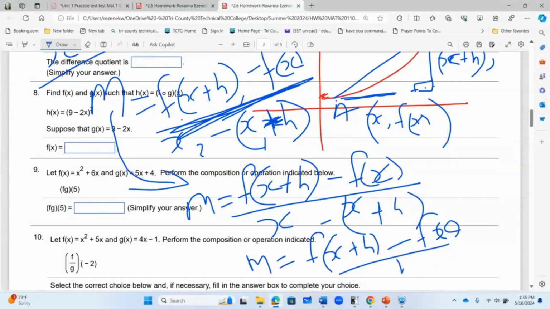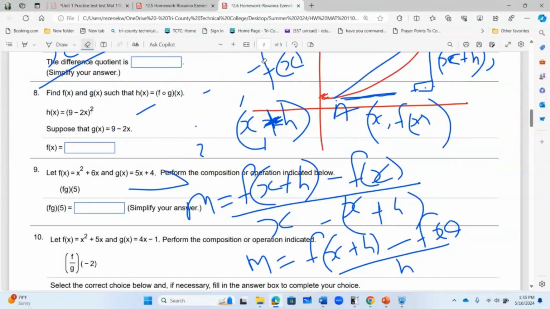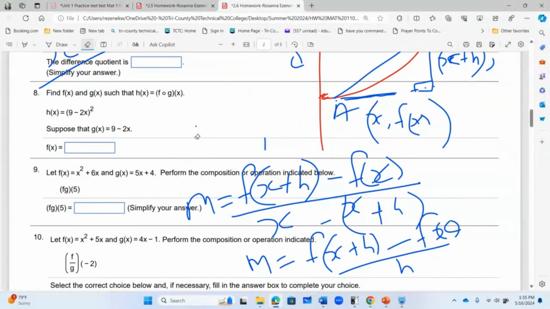So you put h here, and we can rewrite it, and then we can put negative h there, but later on. Okay, so find the slope of the second line. So this is a little bit of the meaning of a slope of the second line or difference quotient.